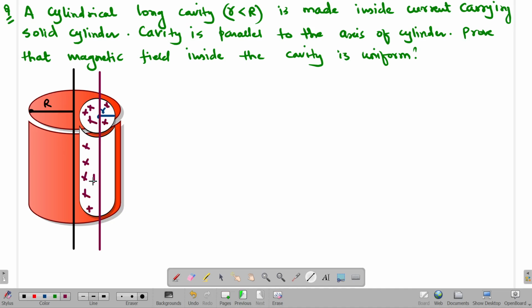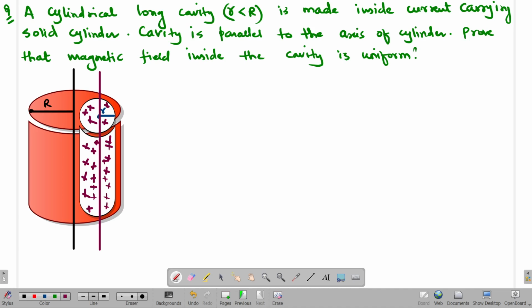Means due to the current in the long wire, there is a magnetic field inside the cavity. Are you able to get me or not? And that needs to be uniform. That is what needs to be proved. So how to do it? We will construct the 2D diagram.